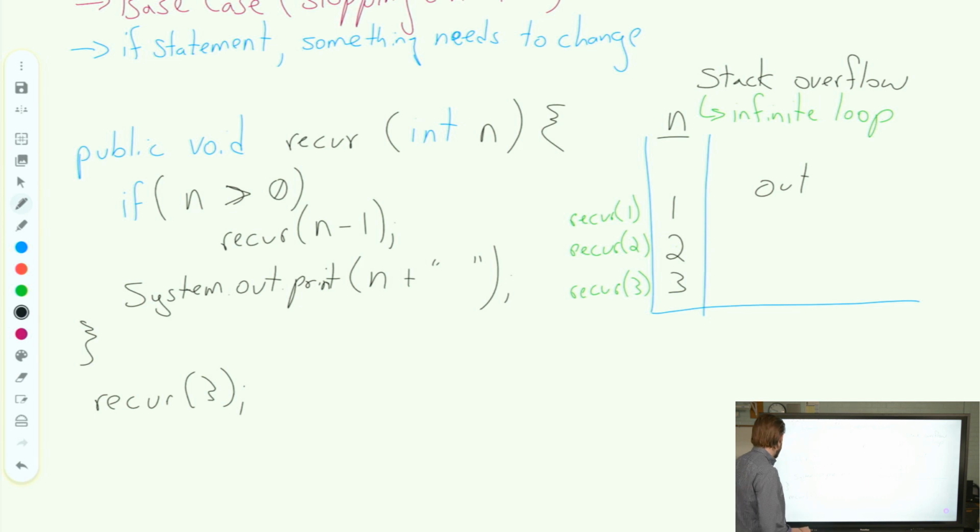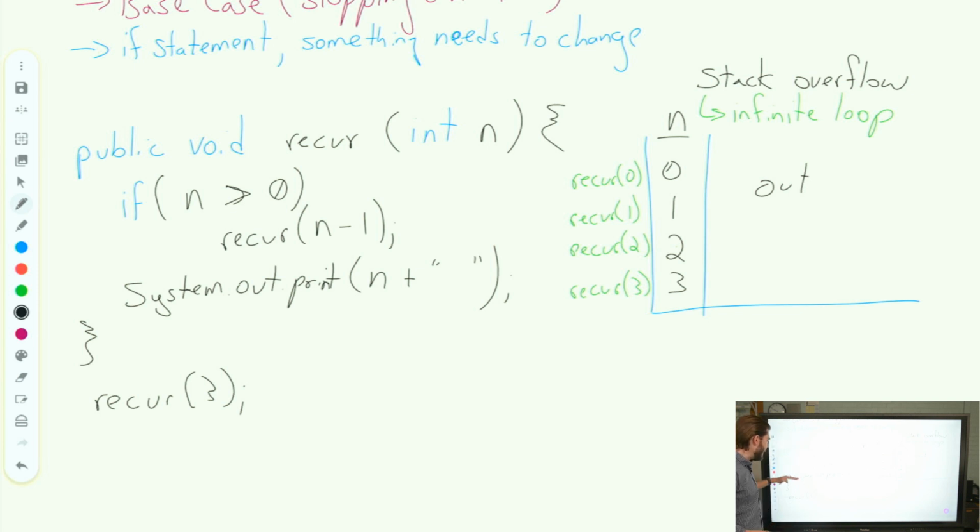Yes, 1 is greater than 0. So now I get to pass in a recur of 0. I call recur of 0 as n minus 1. 1 minus 1 is 0. And I now have an n of 0. Is 0 bigger than 0? No, 0 is not bigger than 0.